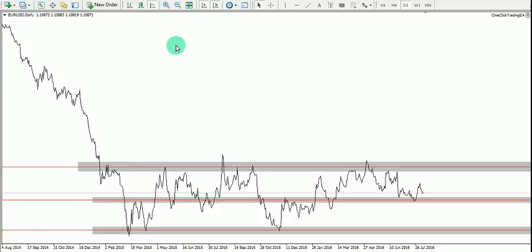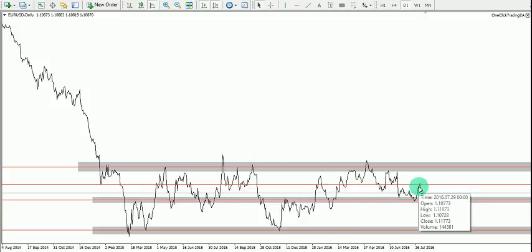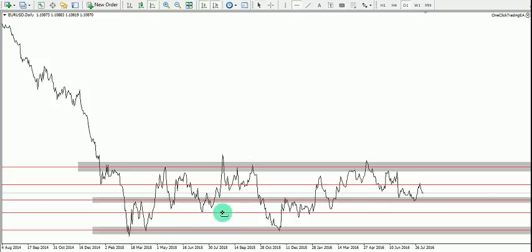Let's see if we have a zone on the daily chart. All right, we have this one, a tap there, a recent one, and this one as well.